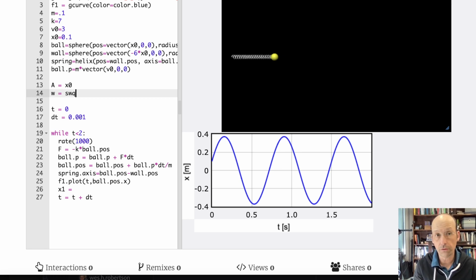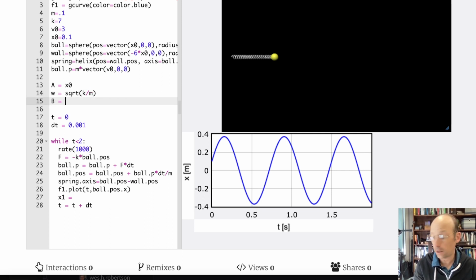Omega equals square root of k over m. And then b equals v0 divided by omega. So down here, x1 is just going to be a times cosine omega times t plus b times sine of omega times t. And then I'm going to plot that.